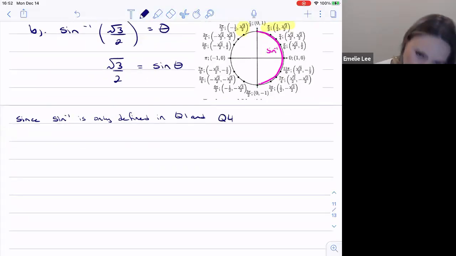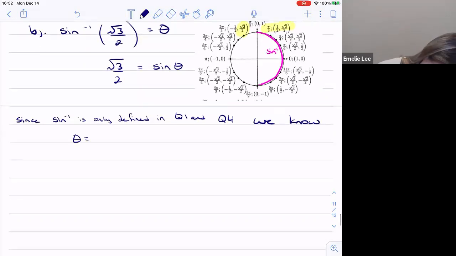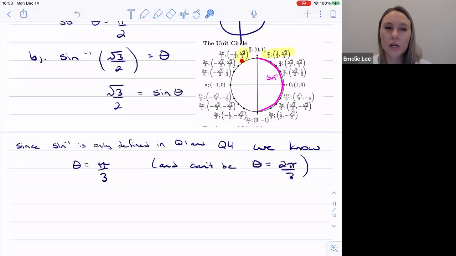Q1 and Q4, now I didn't need to write it so small and weird. We know that theta must be pi/3, and it can't be theta equals 2 pi/3, even though that's an option, right? Here we see that it's an option, but we need to put the brakes on and say, well, actually, the sine inverse can only be in the first and the fourth quadrant. So this one's out.